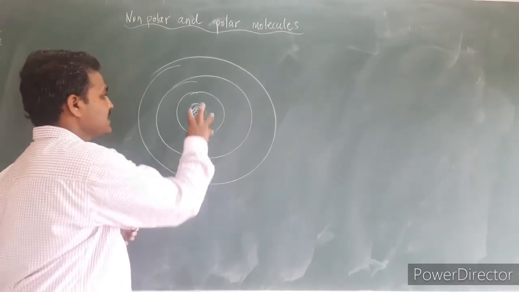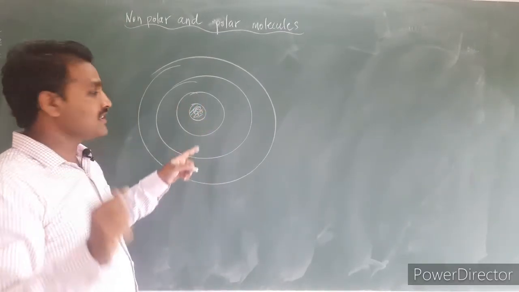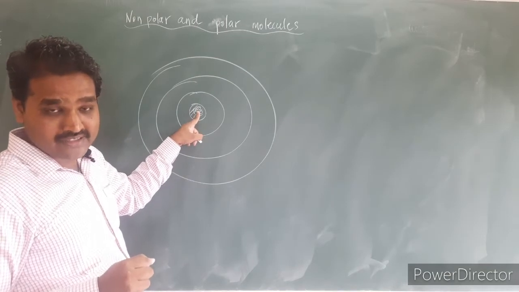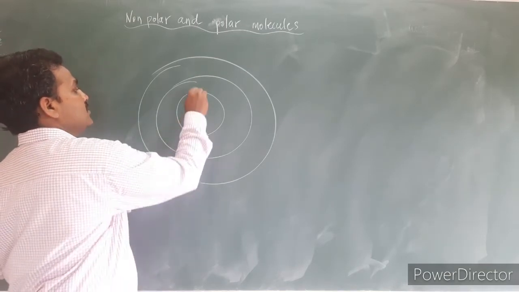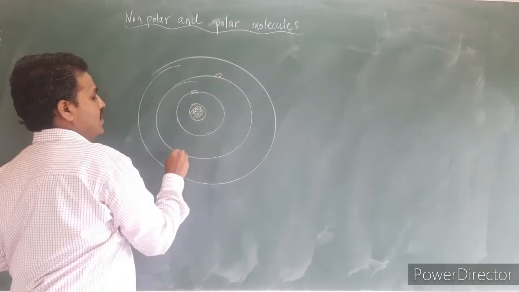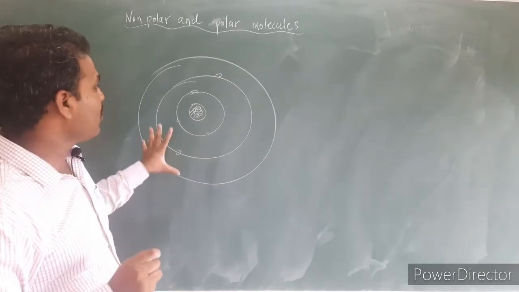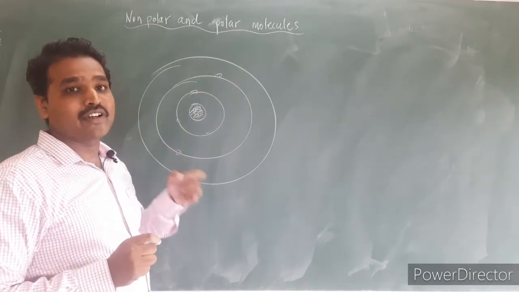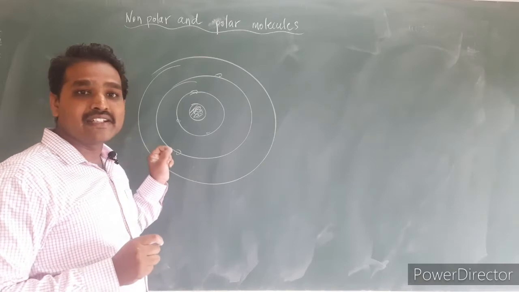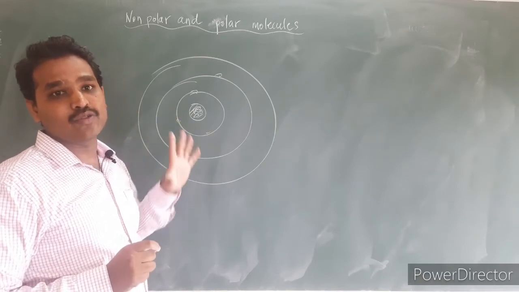If I consider the net center of all these positive charges, that is the protons, and the electrons, we will have one center of all those electrons, so we consider these as the centers of positive and negative charges.